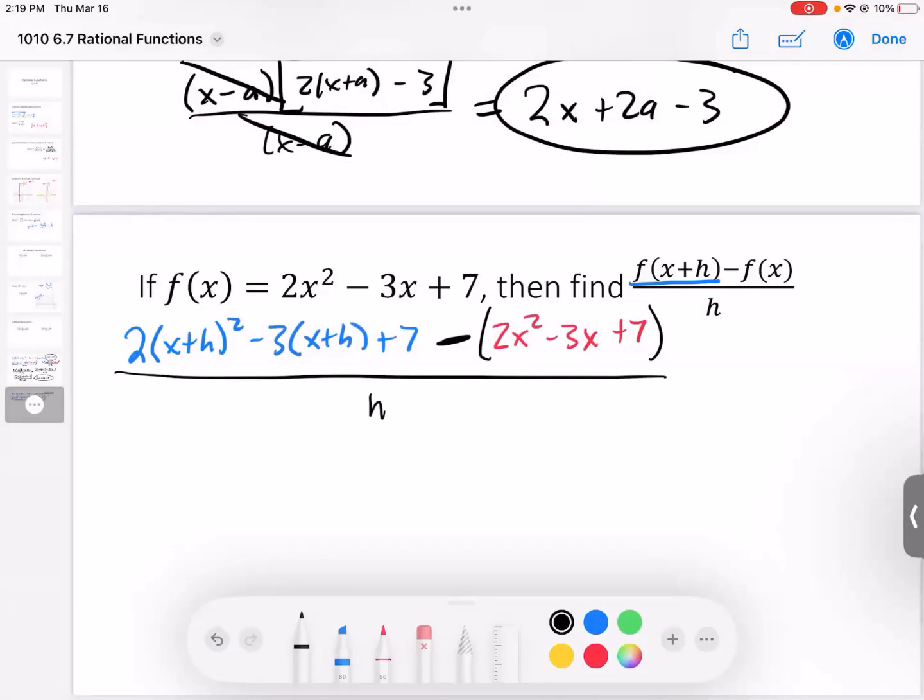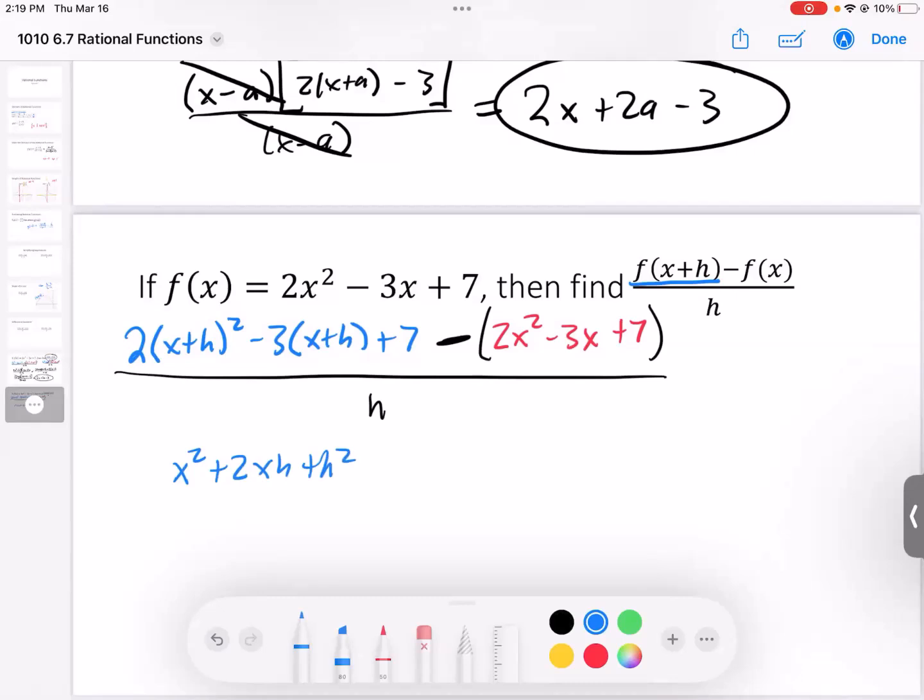Okay, so now I need to go through and simplify. This part's the hardest part to simplify because you need to do (x plus h) squared, which means you need to FOIL it out. And when you FOIL out (x plus h) squared, you get x squared plus 2xh plus h squared.